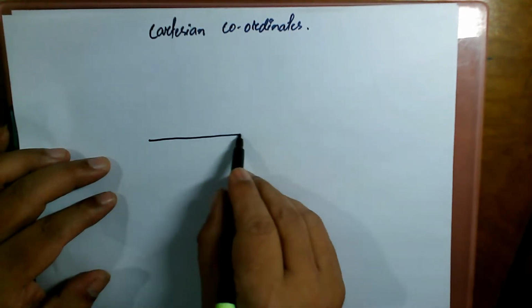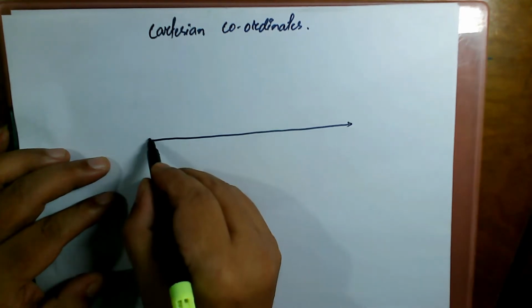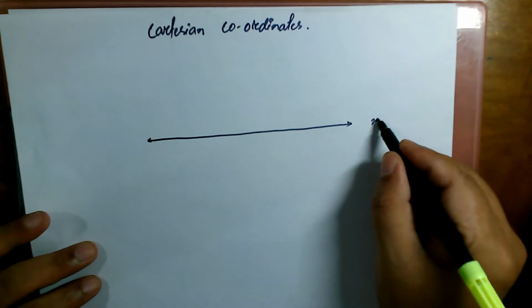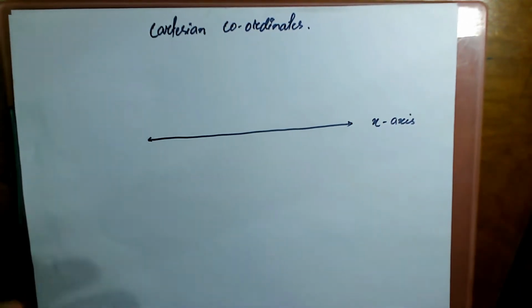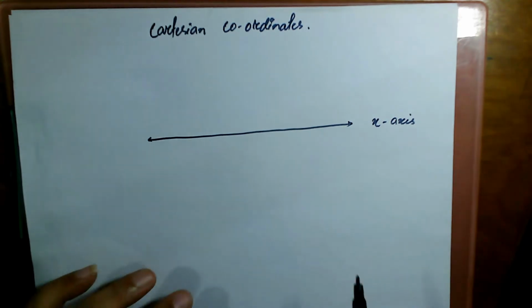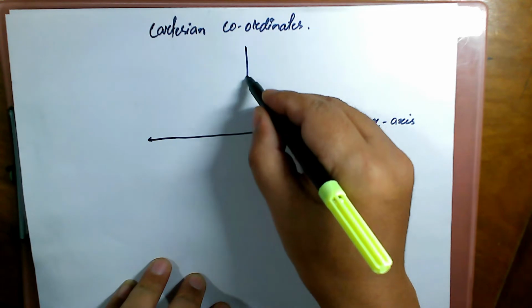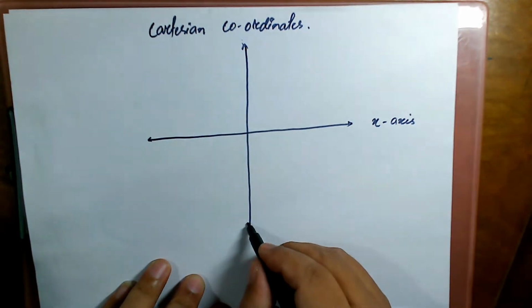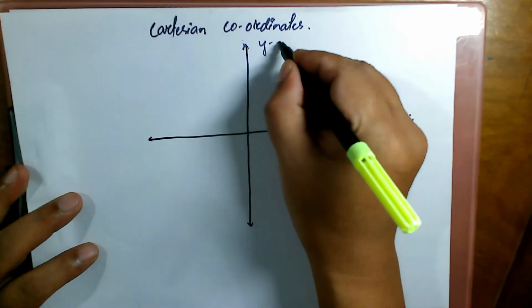One is horizontal, and this line we call the x axis, and the other perpendicular line, intersecting it, is known as the y axis.